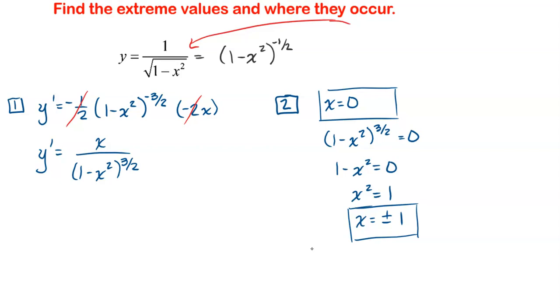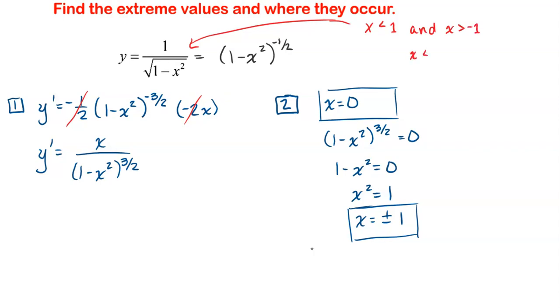We figured out that if x is 1 or -1, it's going to give us a 0 in there. And if x is anything larger than 1 or -1, it's going to give us a negative under the square root. So in this case, x has to be less than 1, and x has to be greater than -1.